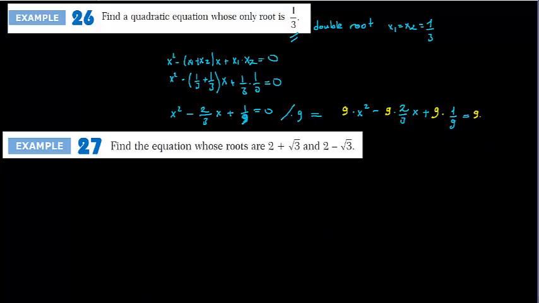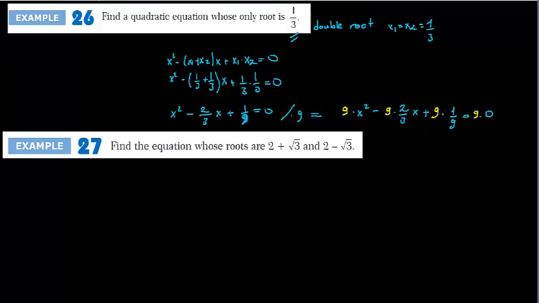As you see here, I multiply by 9. Why do I multiply by 9? Because this is the smallest denominator, and if I multiply by 9, then I'll get one equation without rational expressions.